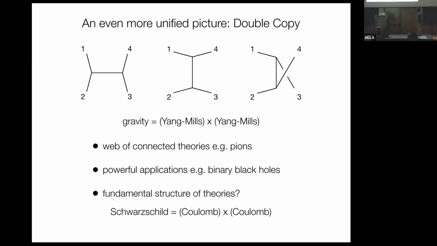So solutions to the classical equations of motion that are not just a weak field. So here you have the Schwarzschild solution of Einstein as a double copy of two Coulomb fields. Okay? So it's a fascinating subject. I won't say more about it, but I'll return to it a little bit when we talk about the application to binary black holes.